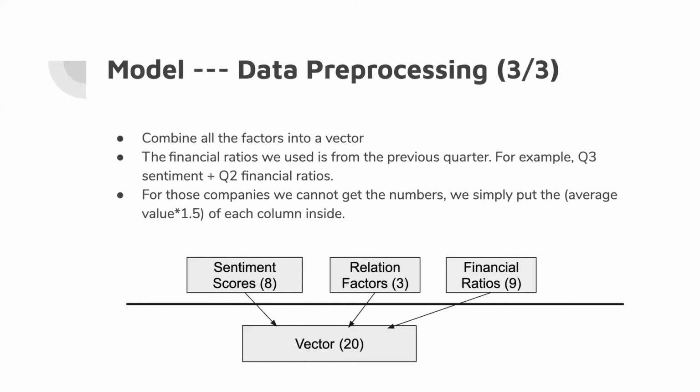We have less confidence about this company. That's why we want to let investors know. We want them to be more conservative. So we give the company a 1.5 penalty. After that, it forms a vector which has 20 items inside.